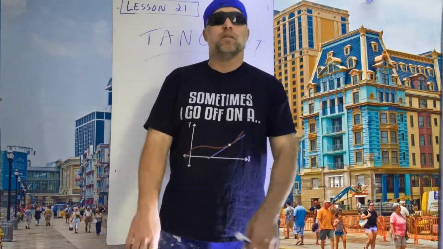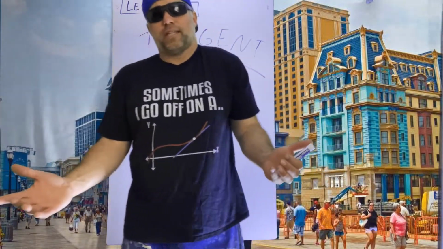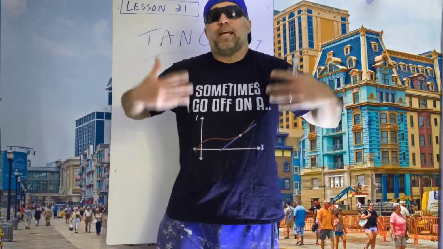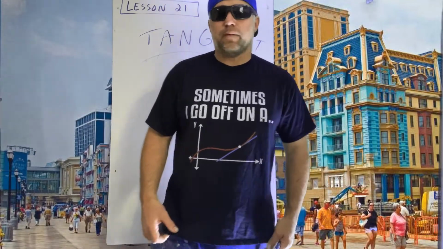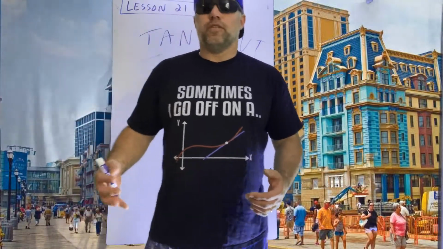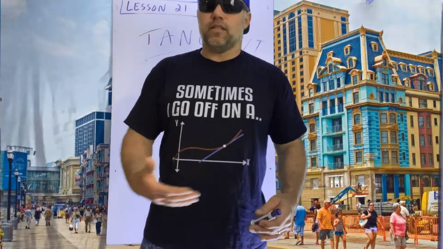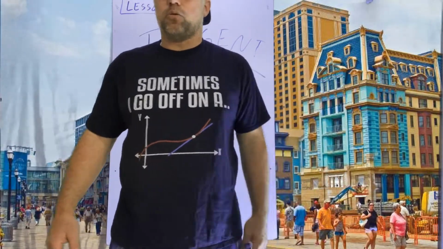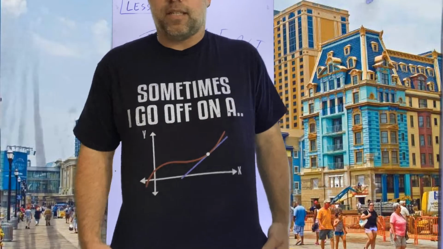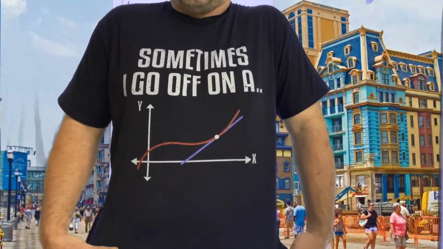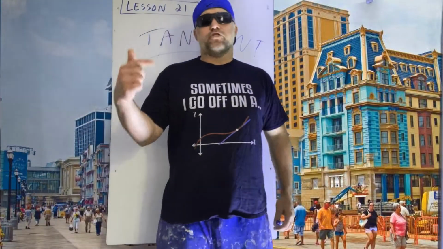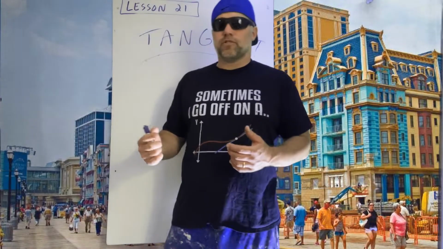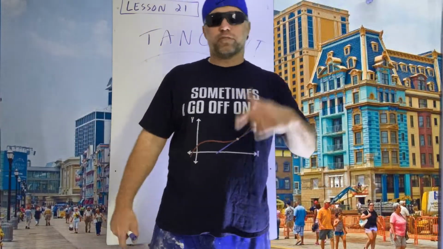It's a classic. So tangent. All right, well, what is tangent? All right, so I got my tangent shirt on. As far as geometry is concerned, the tangent is that line that just barely touches the edge and then goes off. That's why I got the "sometimes I have to go off on a tangent" shirt on. In trigonometry, tangent is sine over cosine.